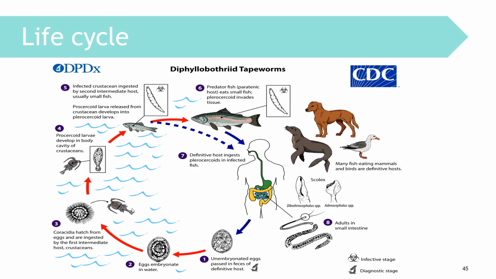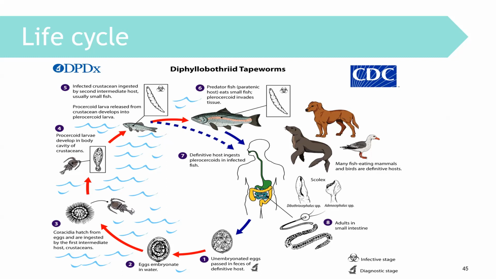Thus, the crustaceans, which are considered as the first intermediate host, will consume the egg in the body of water. And then the procercoid larvae develops in the body of the crustaceans. These crustaceans will be consumed by the second intermediate host, which is usually fish.